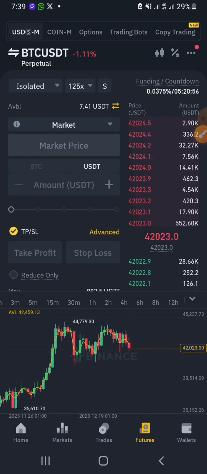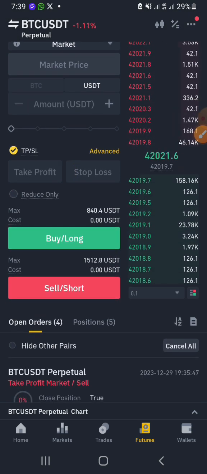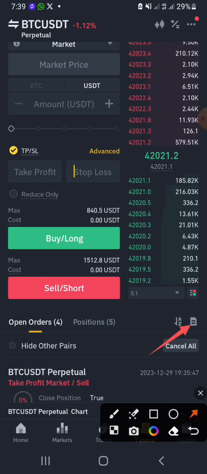I hope you understand. With that being said, once your trade is done and finished, you want to check the profit you've made. All you need to do is come over to this section here and go to your positions, and you'll be able to see the profit you've made so far from your trade.